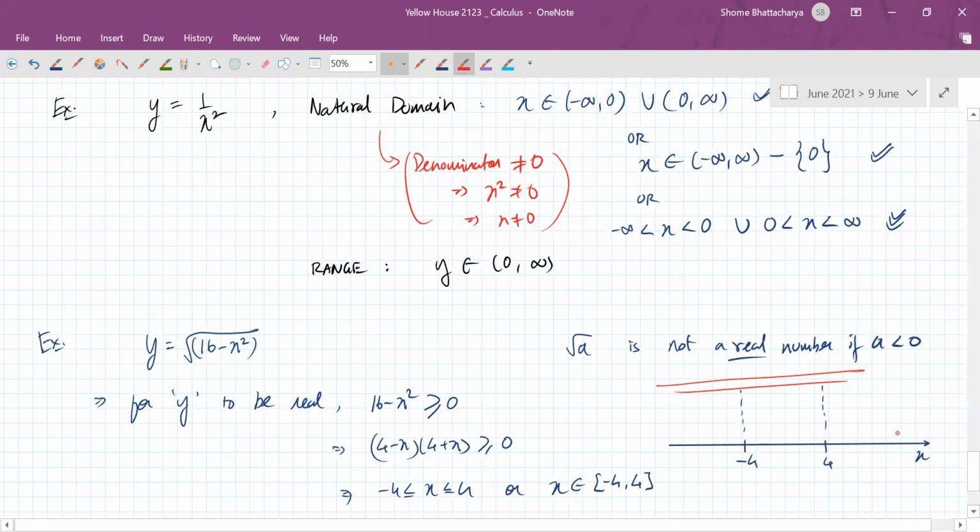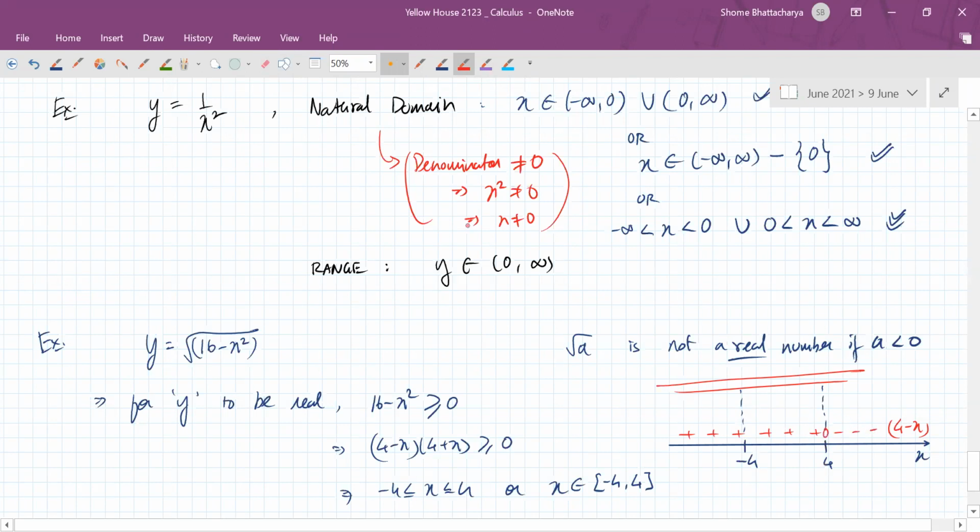The quantity 4 minus x is positive for values of x less than 4, it becomes negative for values of x greater than 4, and it's exactly equal to 0 at this point.